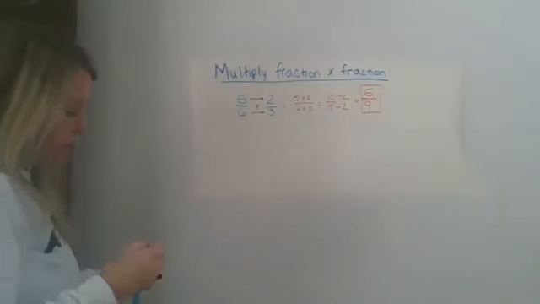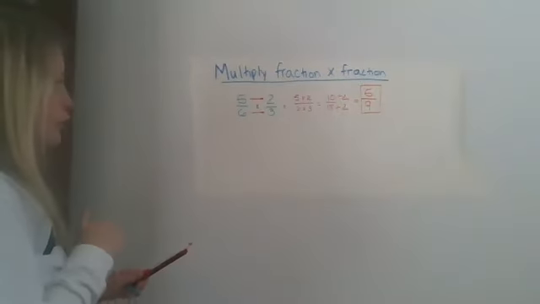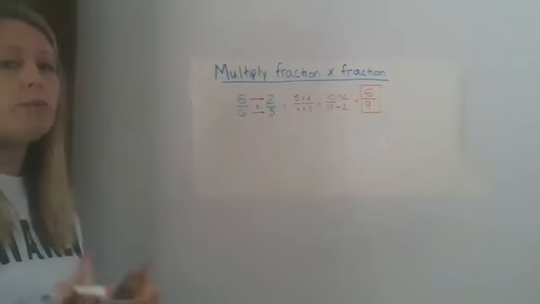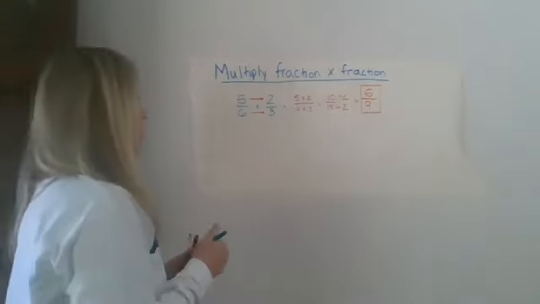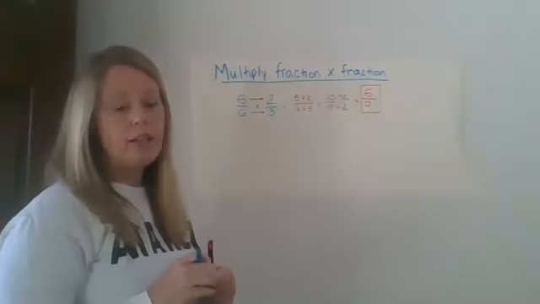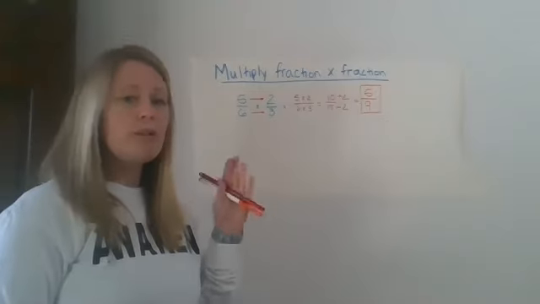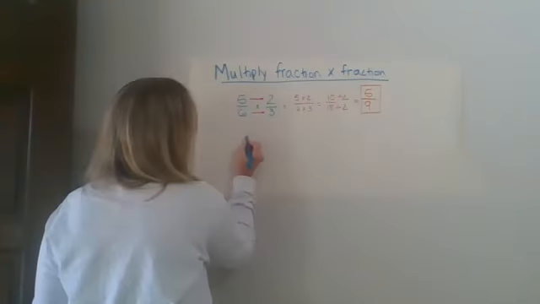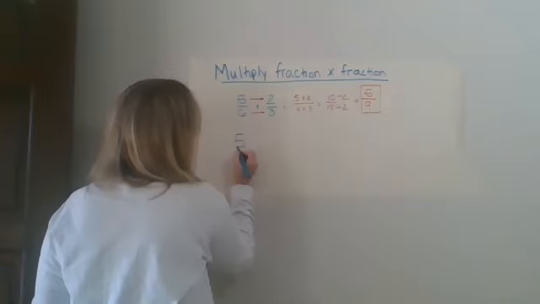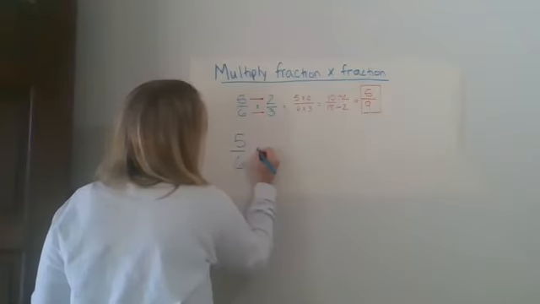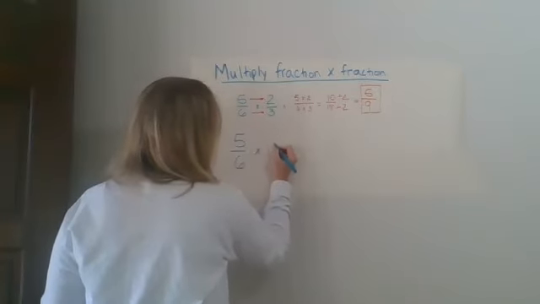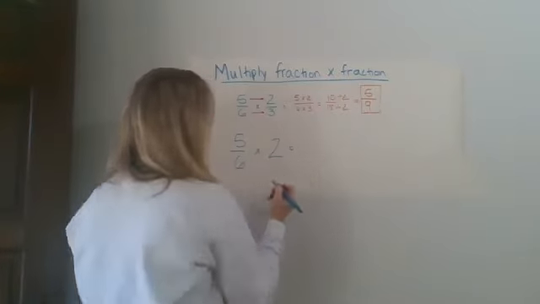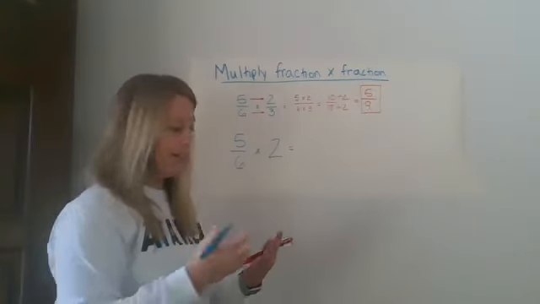Okay. I am also going to show you multiplying a fraction times a whole number. We went over this in class as well, but obviously it's been a while. Okay. So you'll see in your Study Island that you'll multiply a whole number with a fraction. So if my multiplication problem was 5/6 times the whole number 2, I would want to rewrite this so I can easily see it.